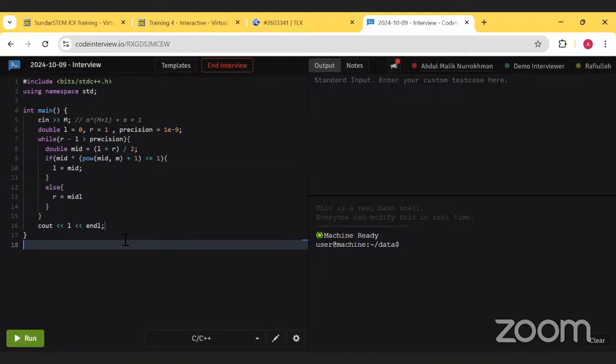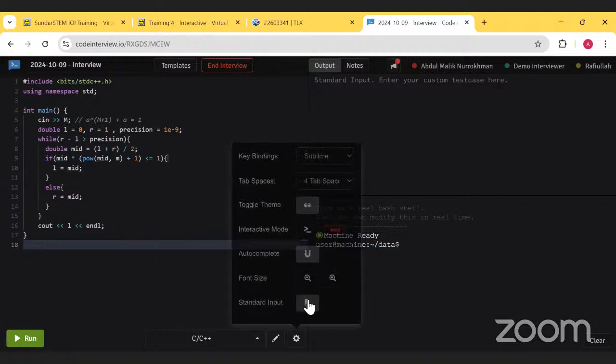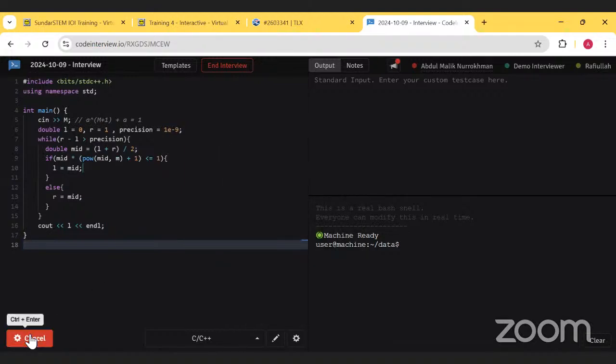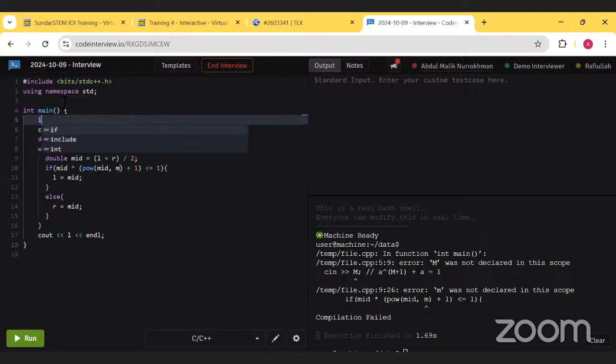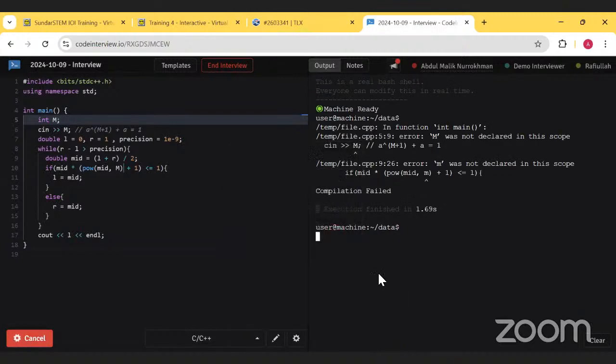Okay, then any invalid syntax? Let's try to compile. Sorry, I haven't declared the value of m. Let me input m equal to 1. Then the value is like this.